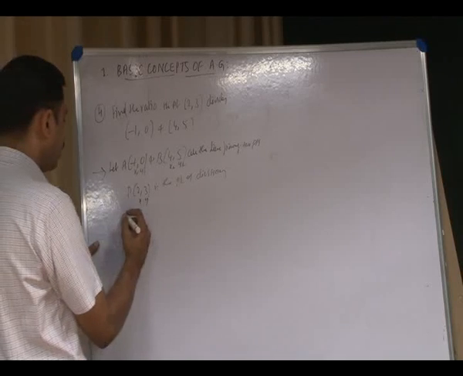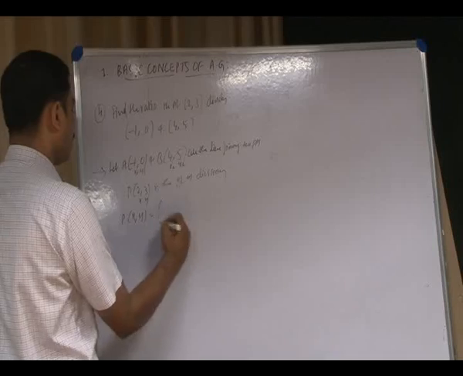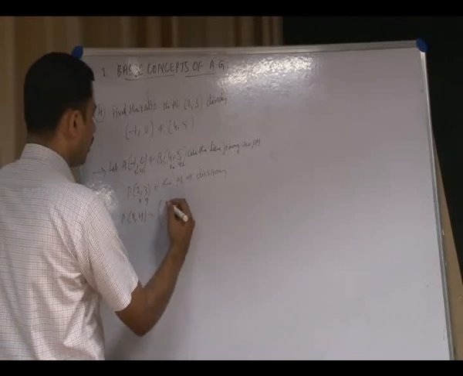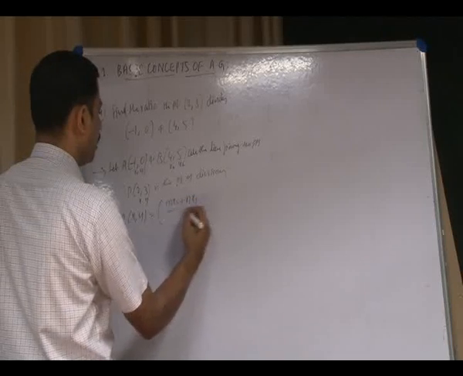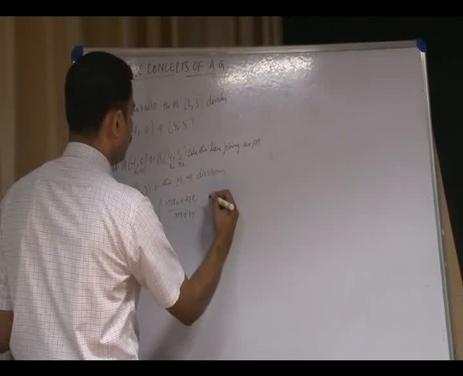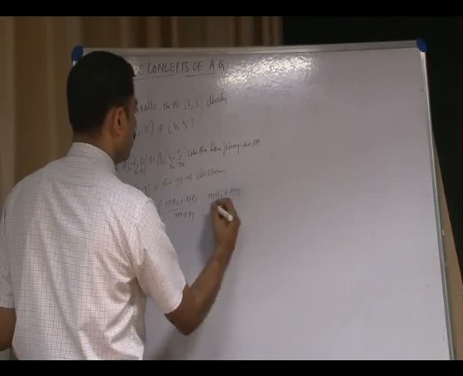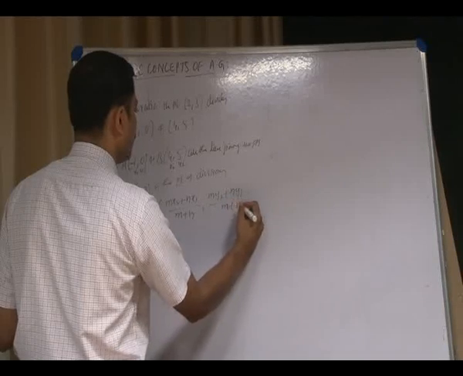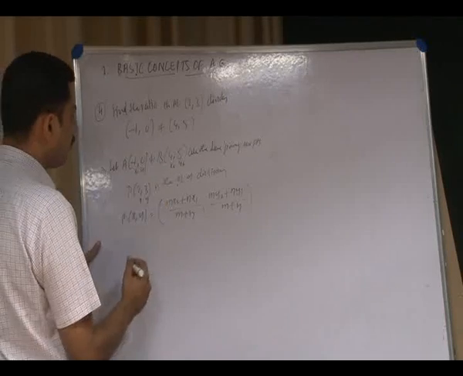So, we know that according to section formula for internal division, P x, y is equal to m x2 plus n x1 divided by m plus n, comma m y2 plus n y1 divided by m plus n. In this I will substitute the coordinates of the points.